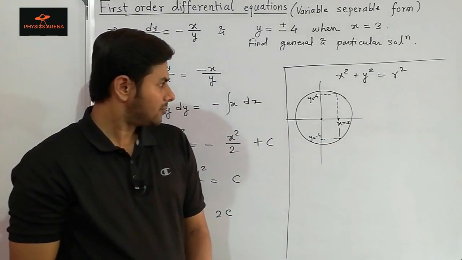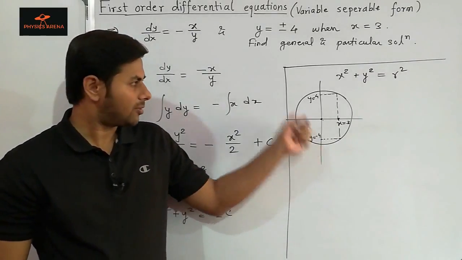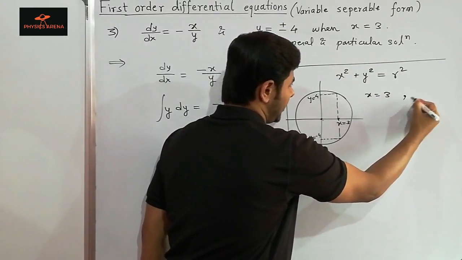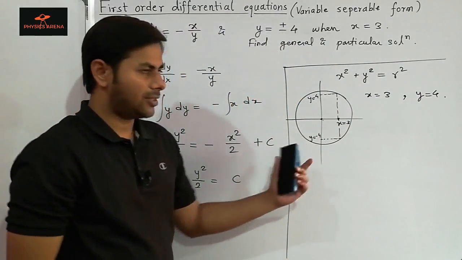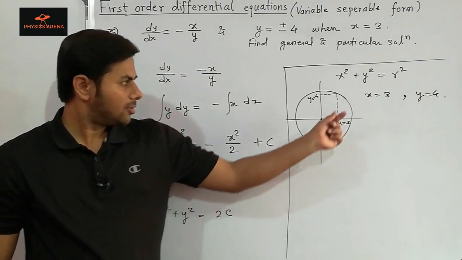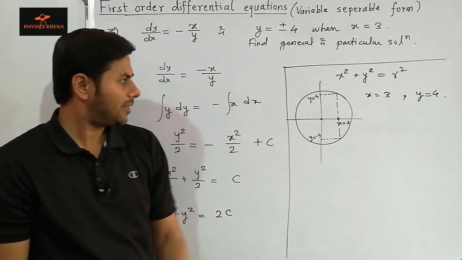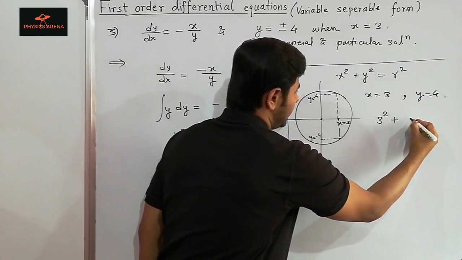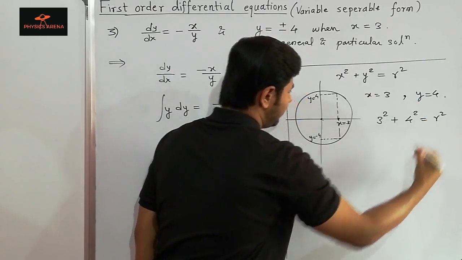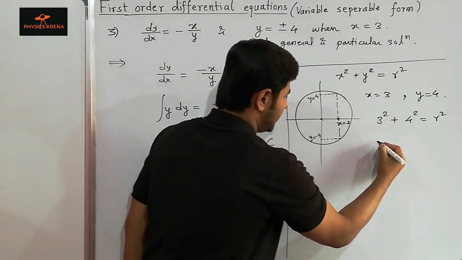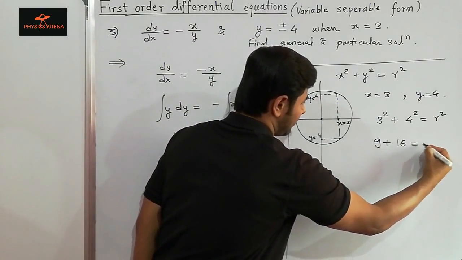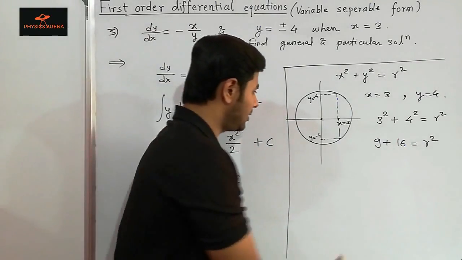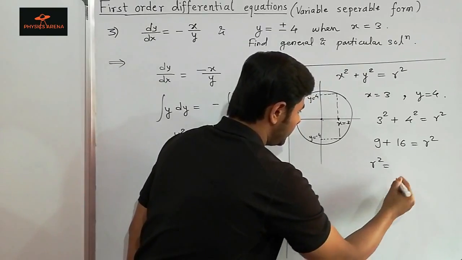Okay, now let us just substitute one of the values. So let's put x equal to 3 and y equals 4 here. So substituting x equals 3, we have 3 square plus 4 square equals r square, and this is 9 plus 16 equals r square. So we have r square equals 25.